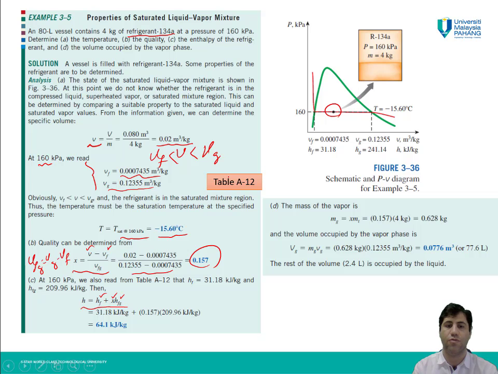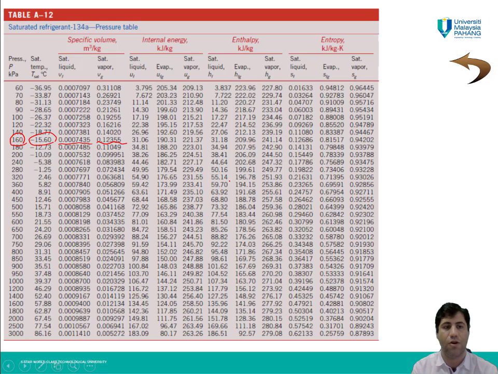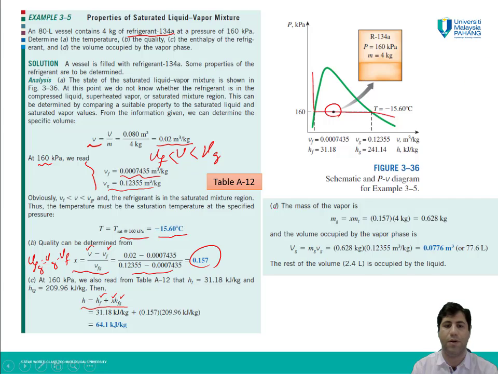Again, we can go to table A12 for this pressure. We have hf, hfg, and also hg. So we have all of these properties as well. Simply by substitution, we finally have the enthalpy for this state.